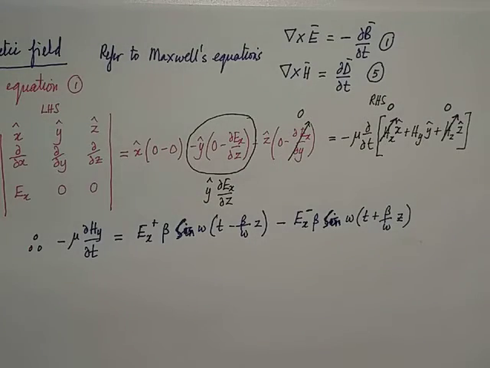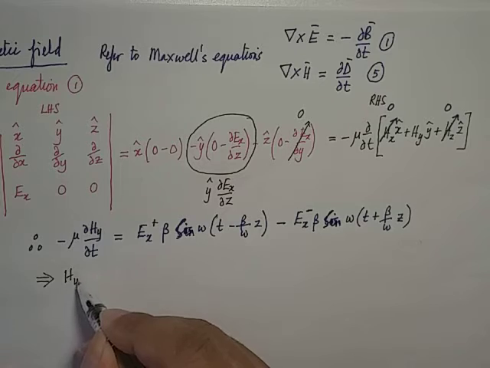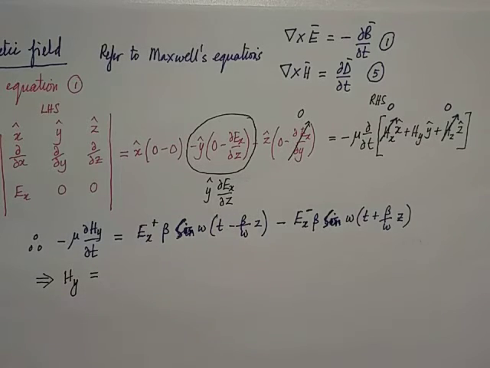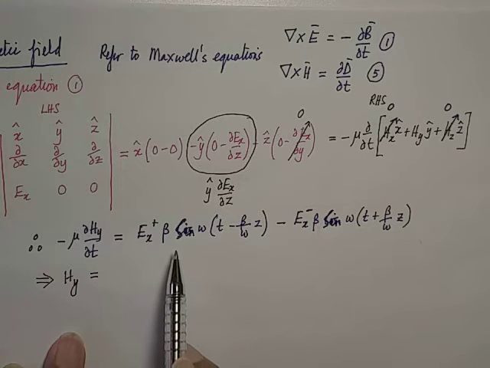What we're going to have here is H. So in order to have H, first I have to move the mu to the right, divided by minus mu. Then I have to integrate with respect to t. So Hy is going to be equal to 1 over negative mu, then when I integrate sine, it gives us what?